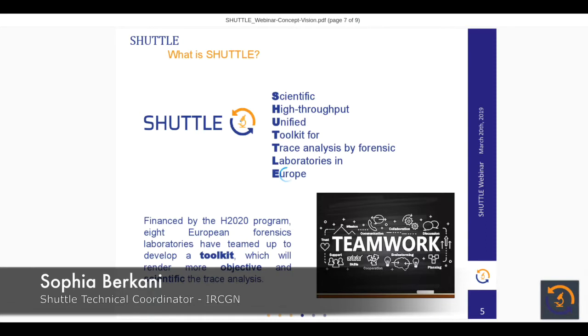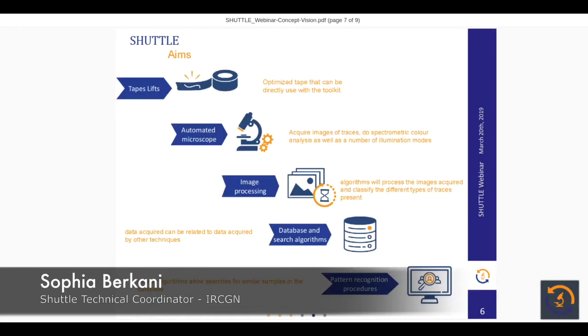How would we like the toolkit to do that? By combining tools which will help to solve the current difficulties. I will briefly describe it because you will get further information in the presentation of Mr. Van der Witt. So we would like the tape to be changed to a microscopic grade tape to use directly on the toolkit. The toolkit will consist of an automated microscope which will acquire microtrace images and do spectrometric analysis.